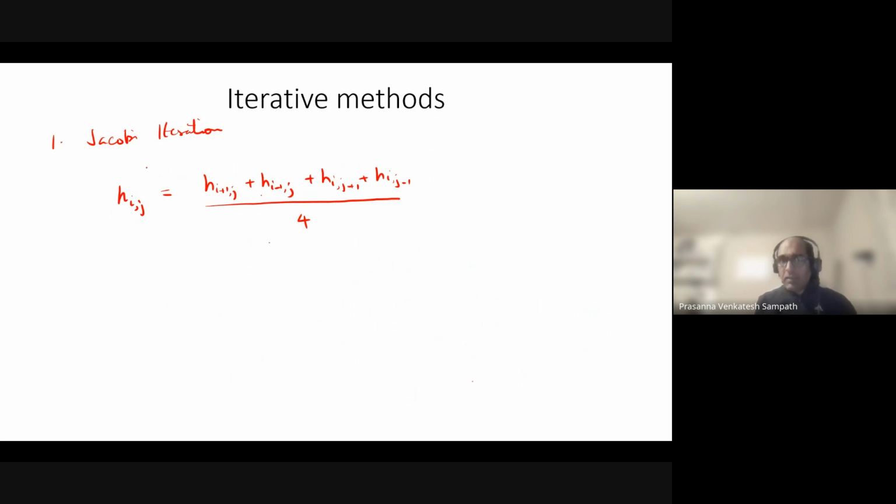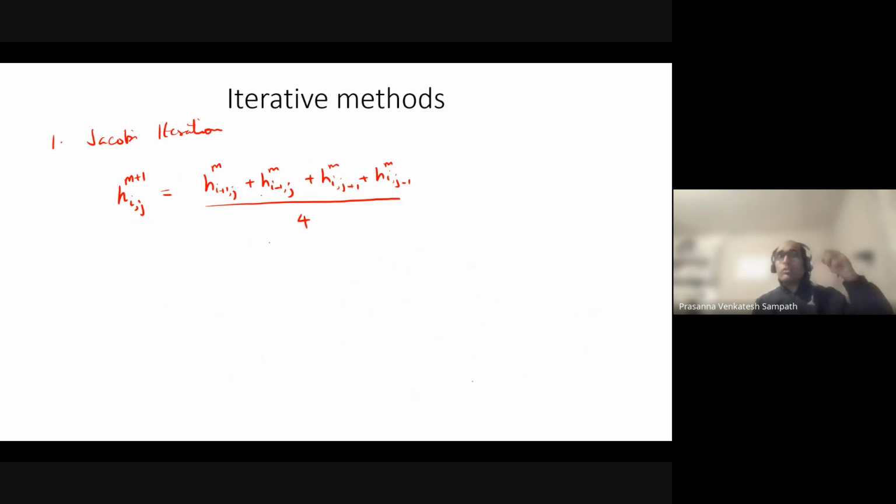So I have an iteration counter. Let us say it is counting the iteration in the cell I comma j. Let us say I'm in the m plus 1th iteration. The small m is the counter of the iteration. I'm counting the number of iterations, 1, 2, 3, 4, and so on. So how do I get the value for the m plus 1th iteration? I simply take the value in all of these other cells at the mth iteration, which means the previous iteration.